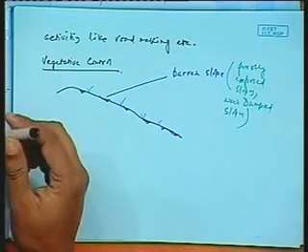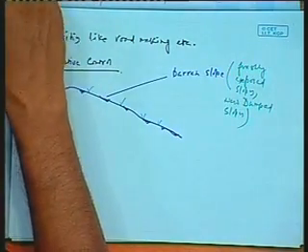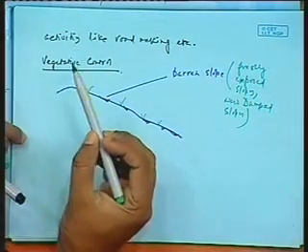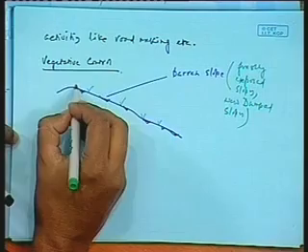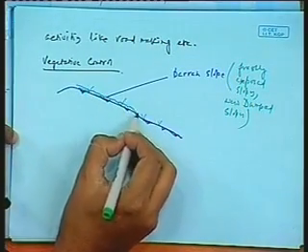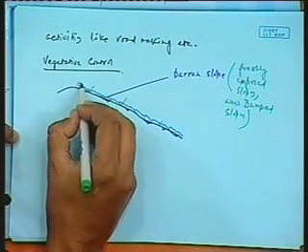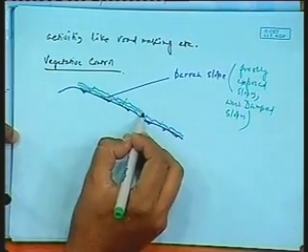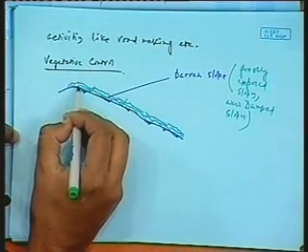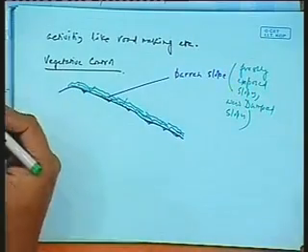In such cases, what we generally try to do, as we have talked about earlier, is spread some vegetative material on the surface of the slope. What are these vegetative materials? Depending on the availability and the requirement, we spread vegetative material.